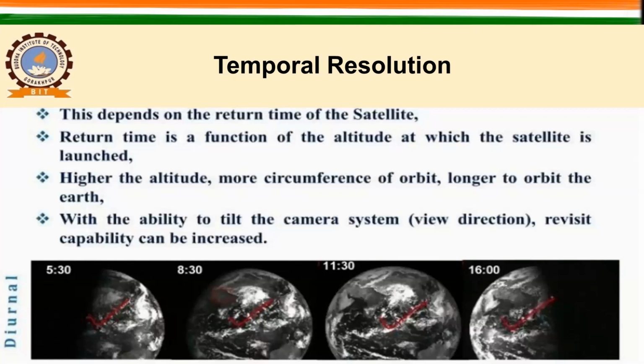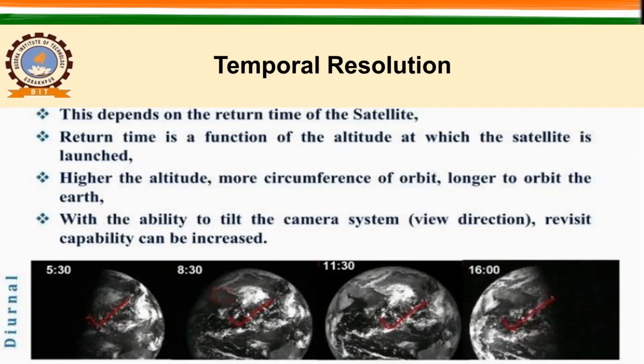respectively. Okay, so temporal resolution is actually based on the return time of the satellite. And what is return time? Return time is a function of the altitude at which the satellite is launched, and the higher the altitude, the more circumference of orbit, the longer to orbit the Earth.